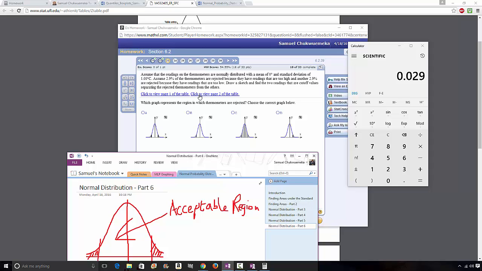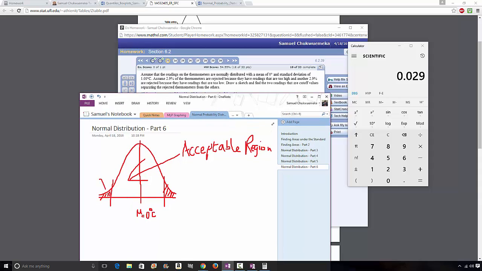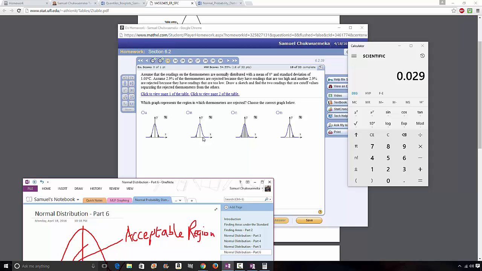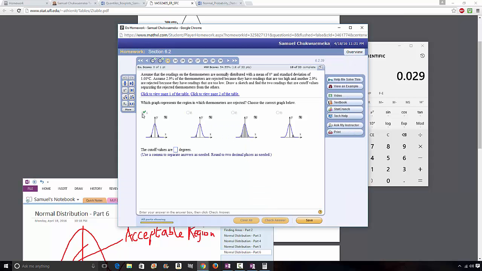So we draw a sketch, and we are looking for the region in which they are rejected. So these are the rejection regions. This region is the rejection region, and this is the rejection region. And that is what they want.